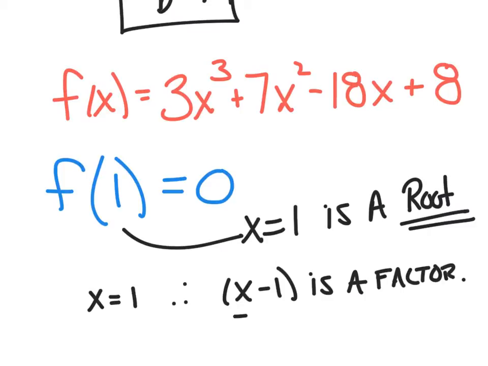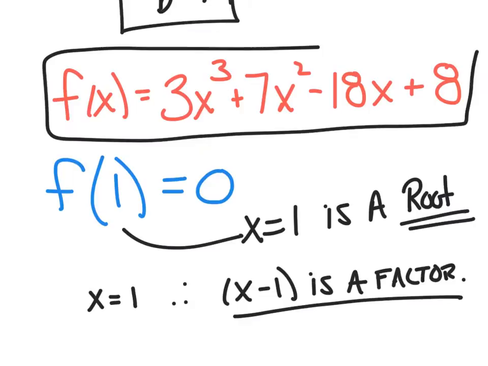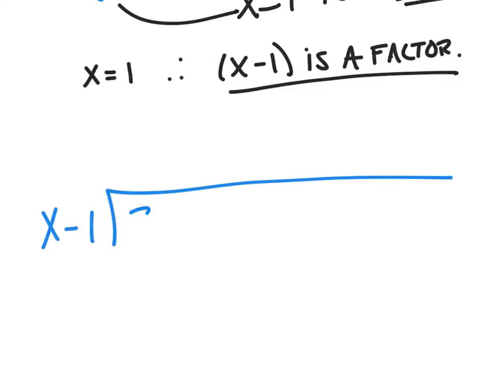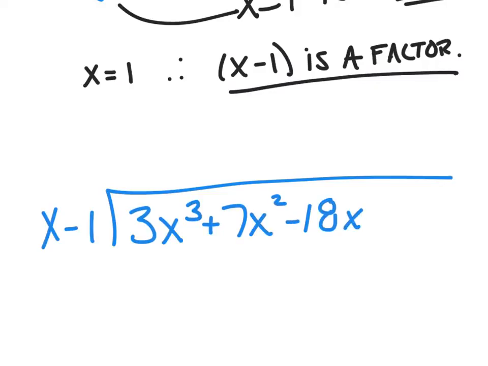Okay, I would say that's something we were pretty good at earlier on. Well, if x minus 1 is a factor, I can figure out all the zeros to this polynomial. All I have to do is take this and divide by the factor of x minus 1. All right, so let's go ahead and do a little long division.